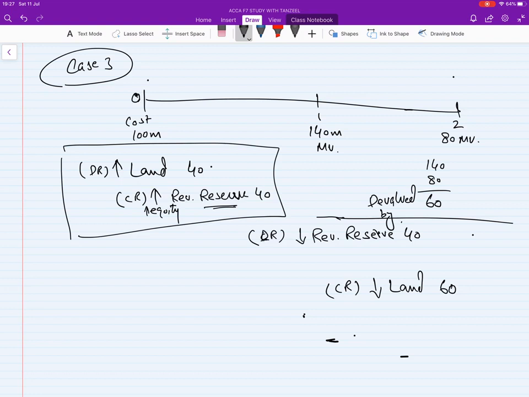Previously we credited the equity because it was increasing, now we debit the equity because it is decreasing. So if you have a devaluation, reverse the revaluation reserve before you put anything into profit and loss. The remaining balance amount, 20, you can debit to profit and loss because expense is increasing. So this is the way you record your double entry.